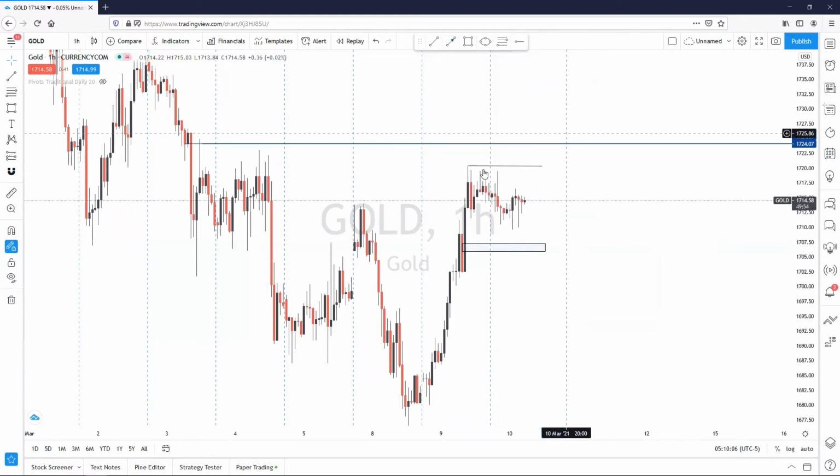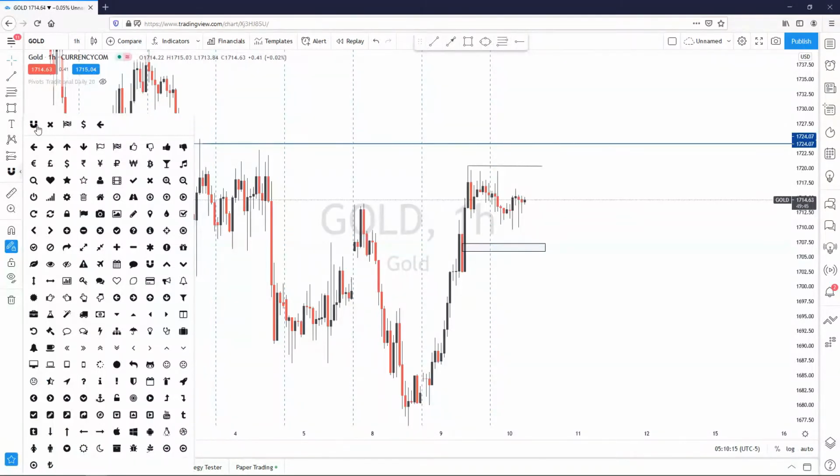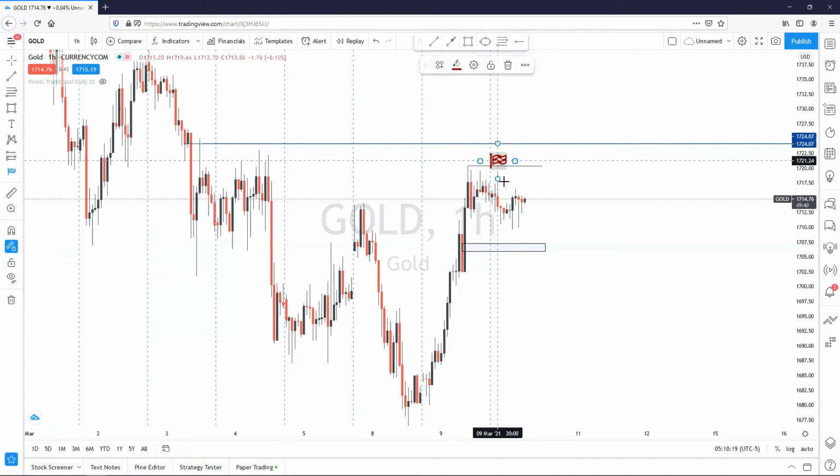All right, so we're going to see price trading all the way up here. That's somewhere the market will trade to. So right here, I'm going to put a flag. And let's reduce this. We're going to see price trading in here.